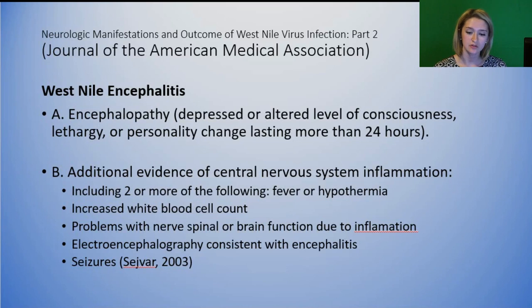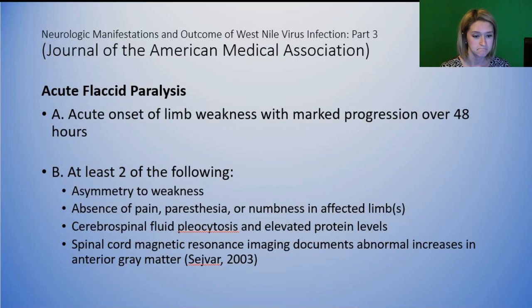Additional evidence of central nervous system inflammation includes 2 or more of the following: fever or hypothermia, increased white blood cell count, and problems with the nerves, brain, or spinal cord due to inflammation. Electroencephalography is also consistent with encephalitis.